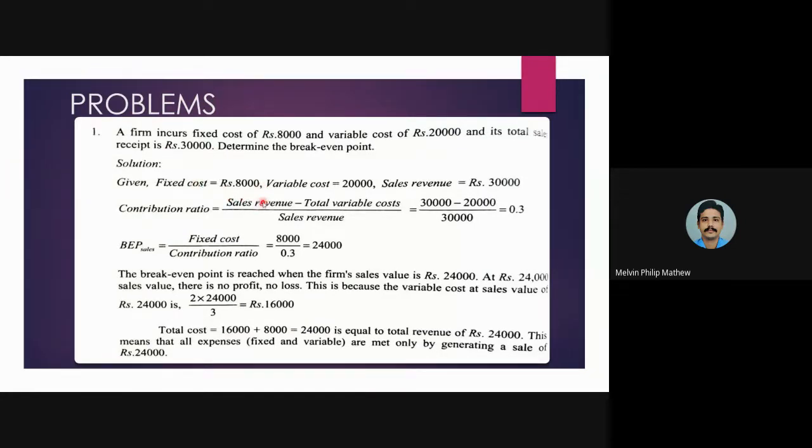Fixed cost is 8,000. So the total cost will be equal to 16,000 plus 8,000, which is equal to rupees 24,000.